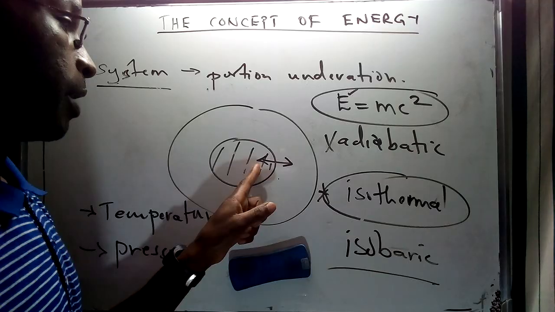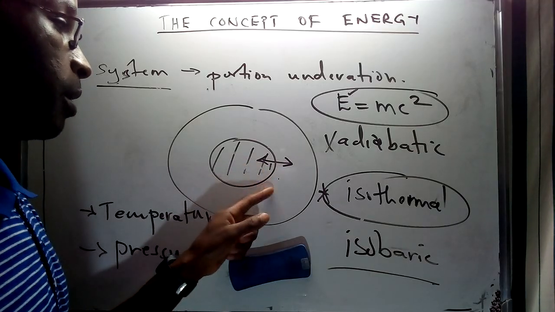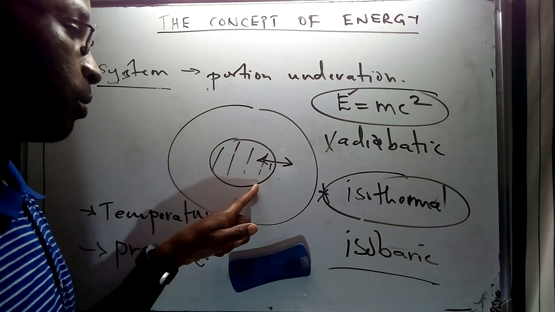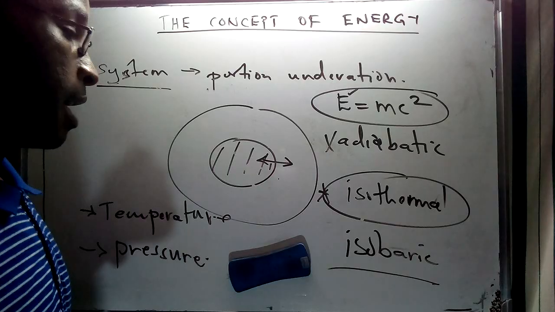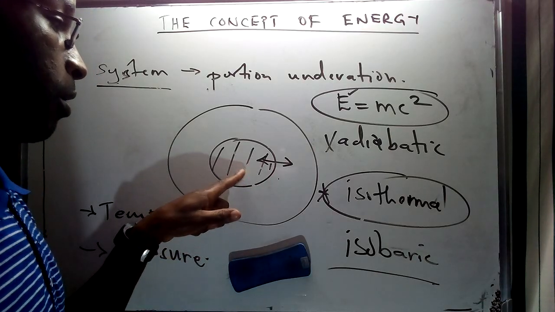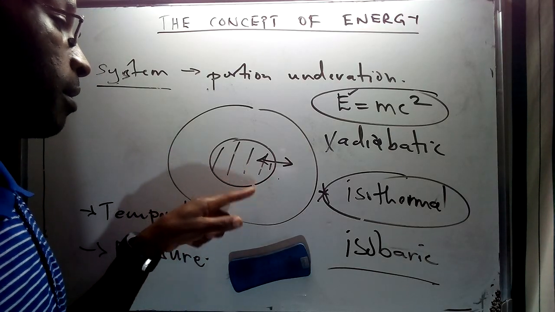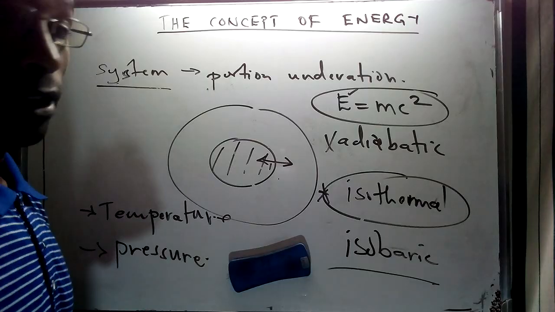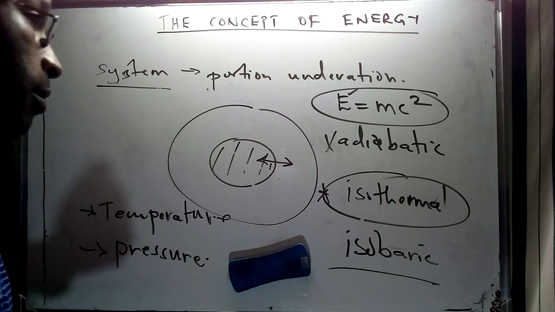If there is no exchange of matter between the system and the surrounding, then we refer to this boundary as closed. And if there's no communication or contact between the system and the surrounding, then we're going to refer to that system as isolated.